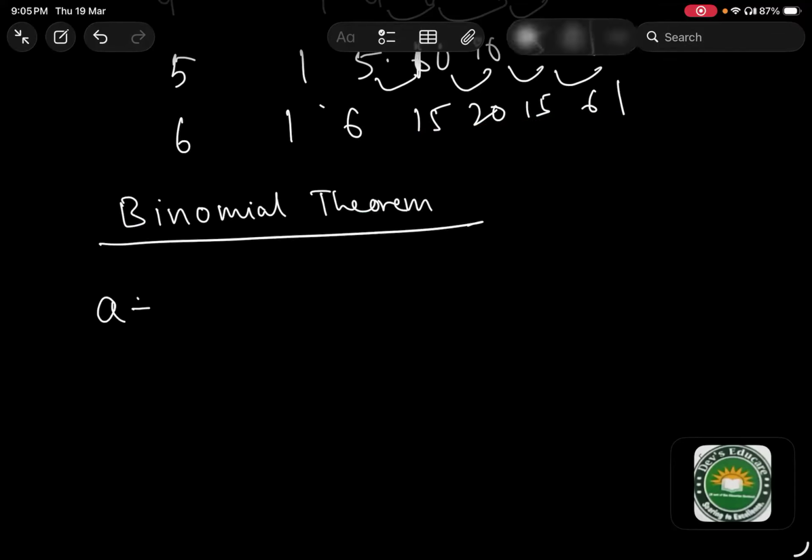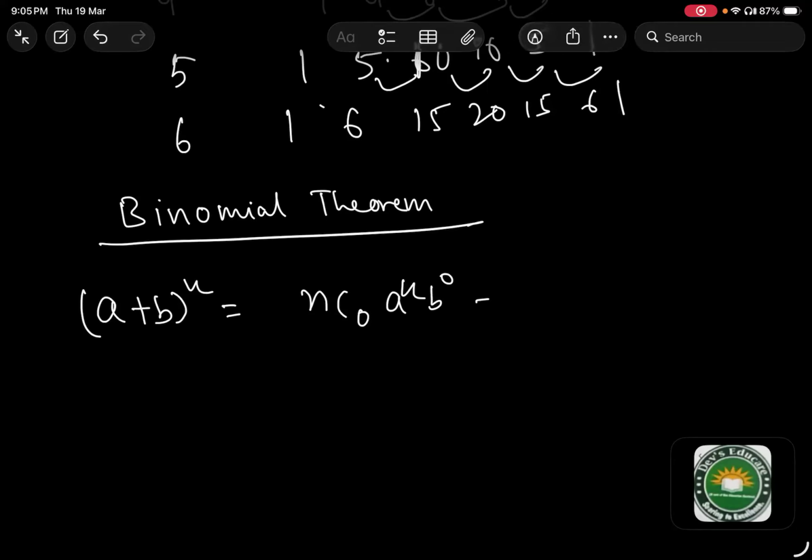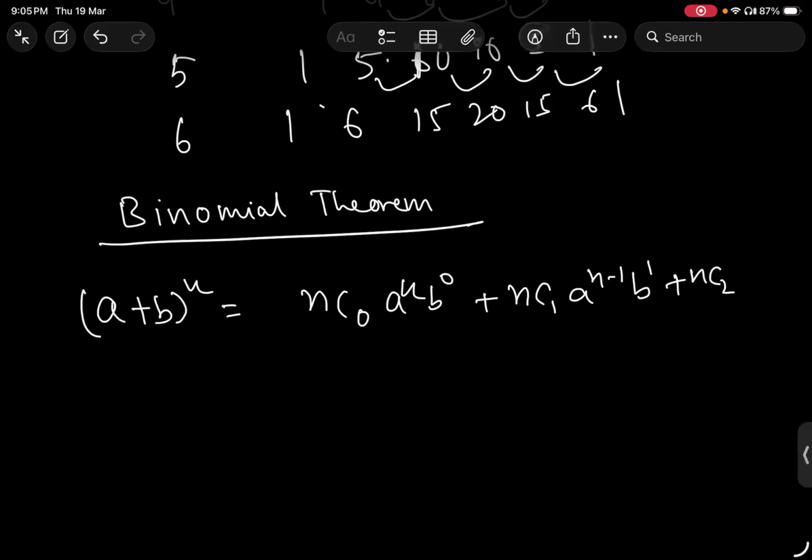So, a plus b to the power n can be written as nC0, okay? a to the power n and b to the power 0, plus nC1, a to the power n minus 1, b to the power 1, nC2, a to the power n minus 2, b square, and so on.